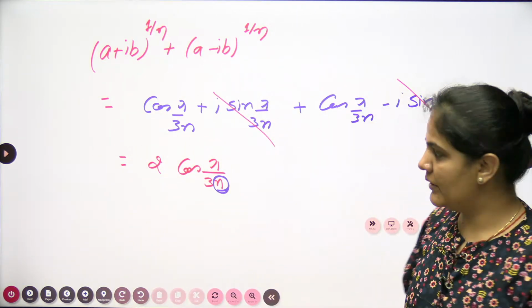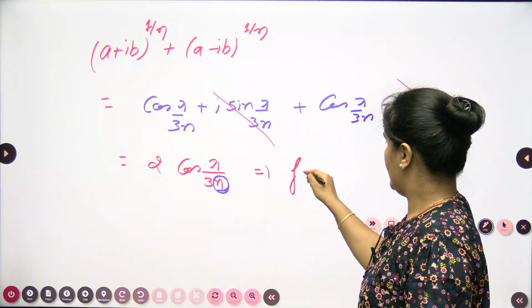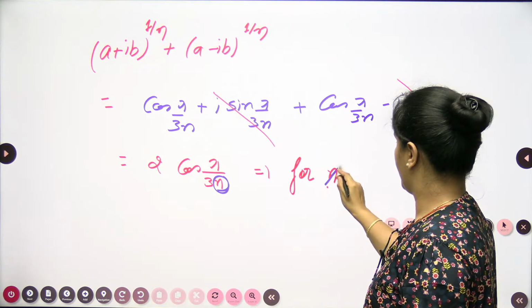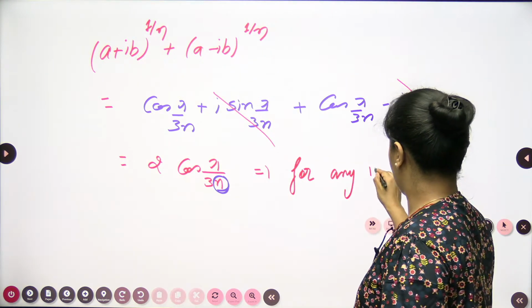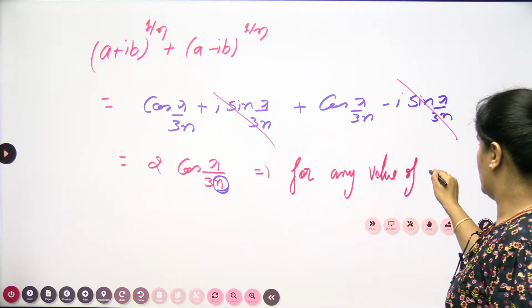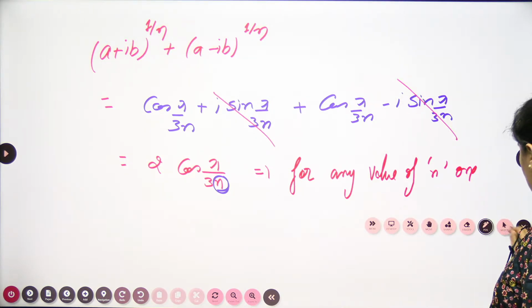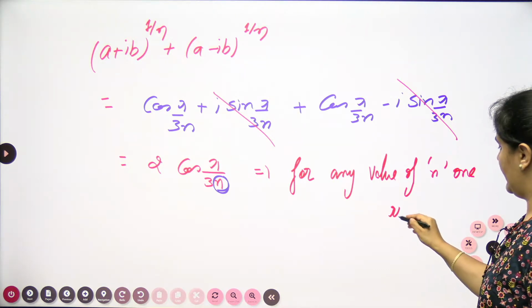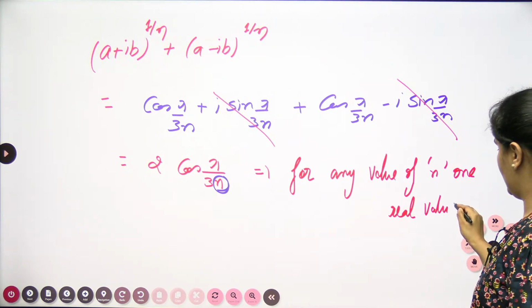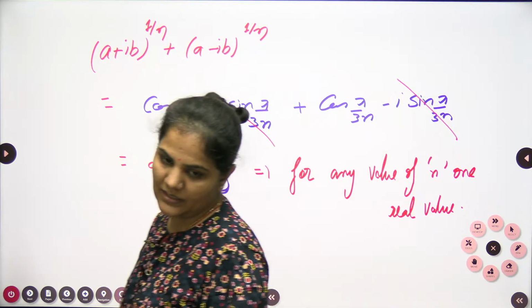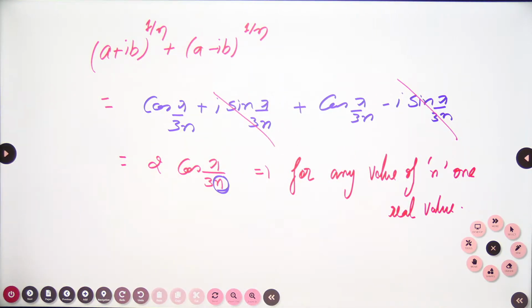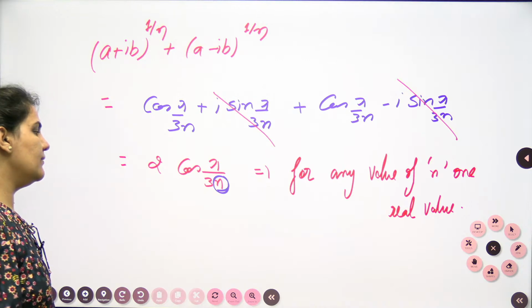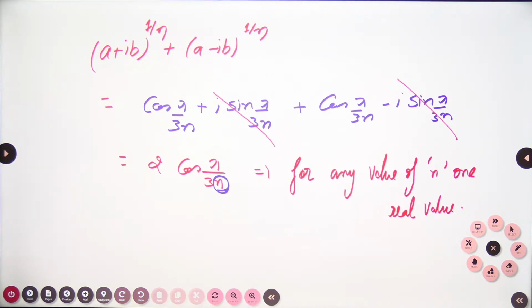So that's why, dear students, I can write that for any value of n we will have only one real value. I hope you can understand this point very easily, that for any particular value of n, one real value would be possible here.